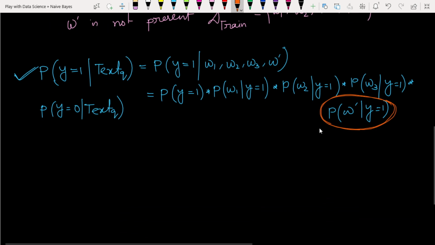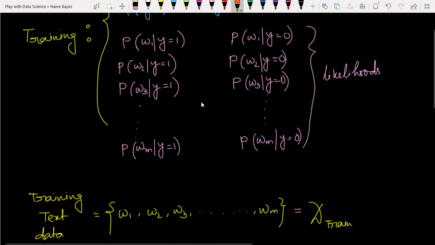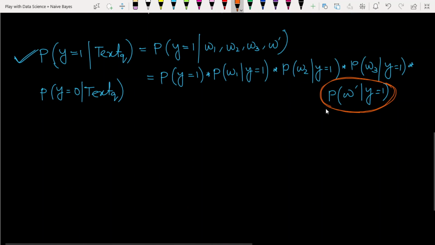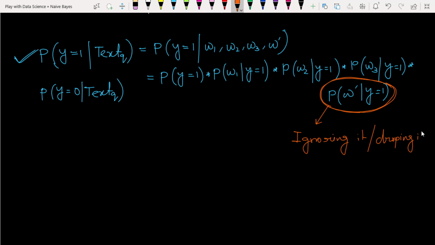So if we just ignore this simply, because we have no information in our training set for this one, ignoring it, or dropping it, means we are taking this probability value equal to 1. Then only can we drop this thing.